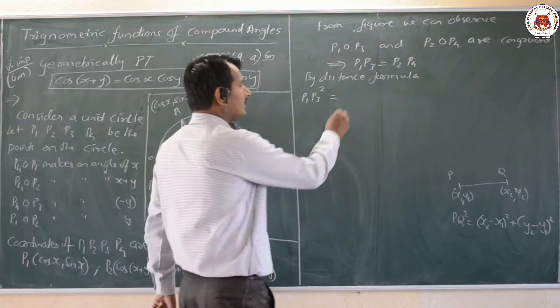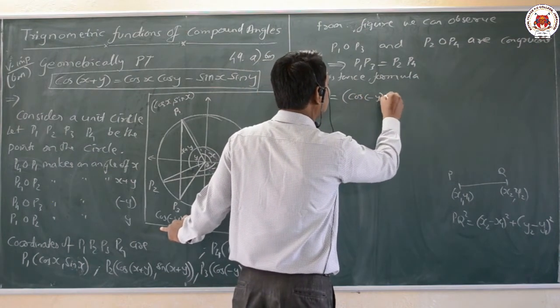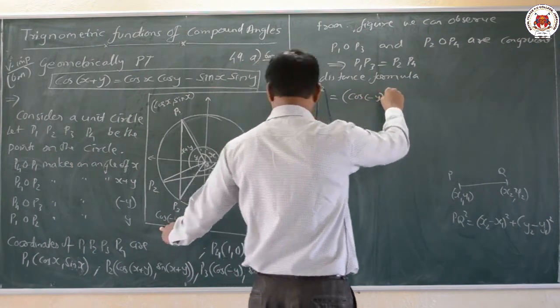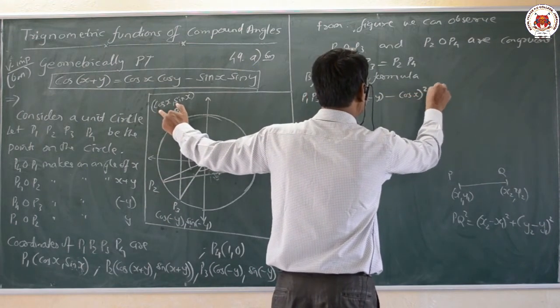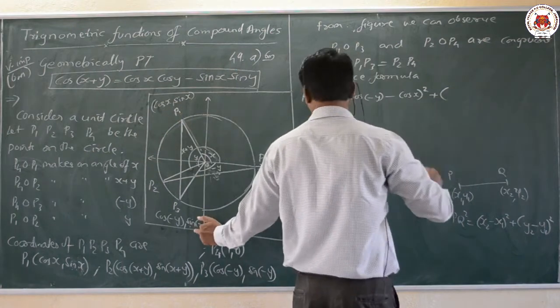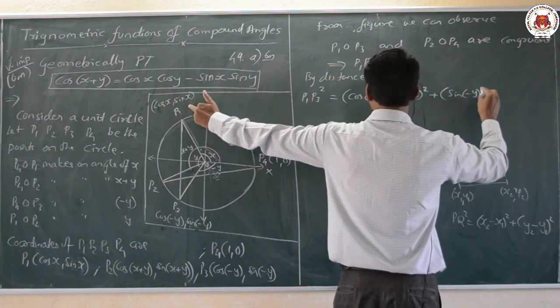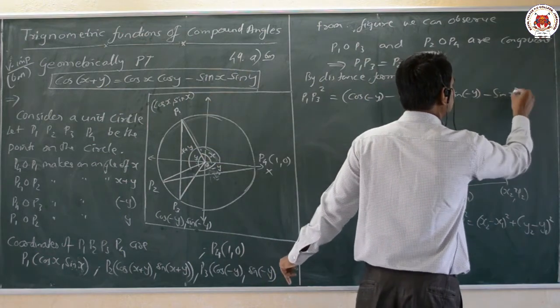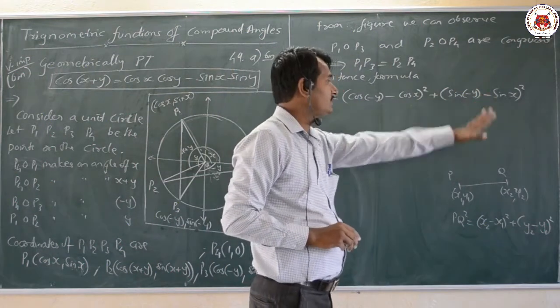According to the formula, x2 minus x1 is cos of minus y minus cos x whole square, plus y2 minus y1, that is sin of minus y minus sin x whole square.